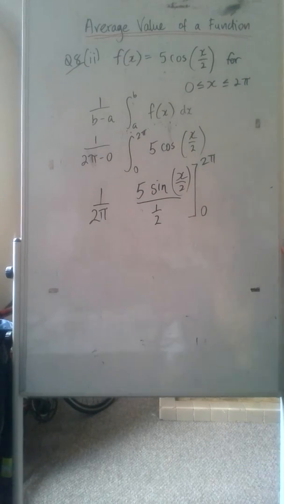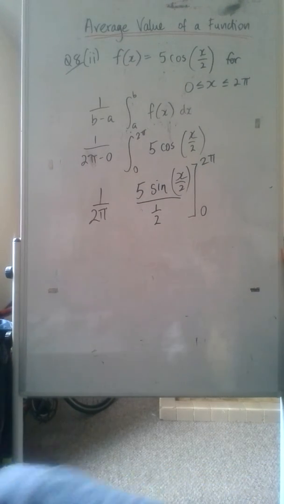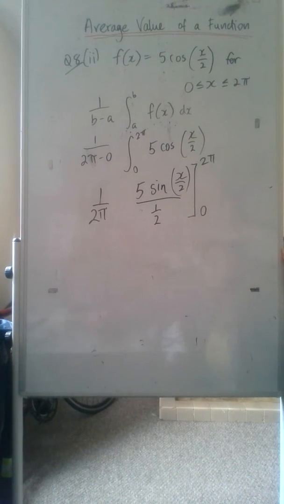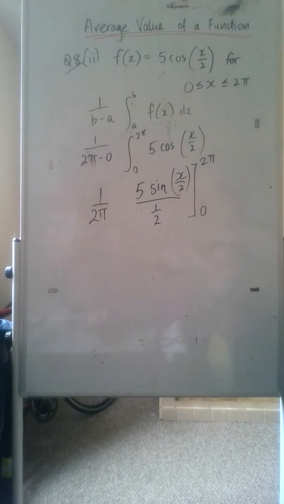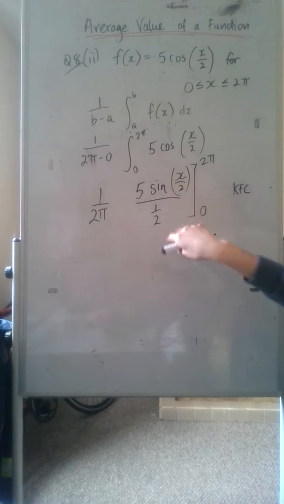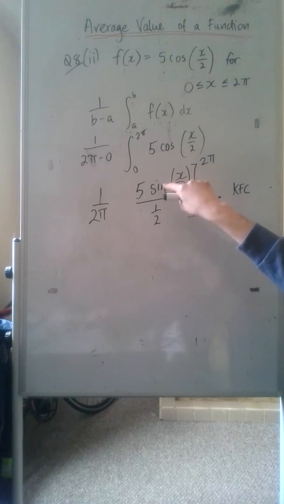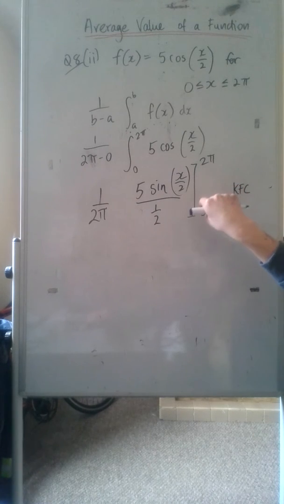Now the first thing I'm going to do is this is a bit messy looking. If I am dividing something by a half, it's the same as multiplying it by 2, because of your division KFC. Treat these as two fractions: keep the first, flip the second, change to multiply.